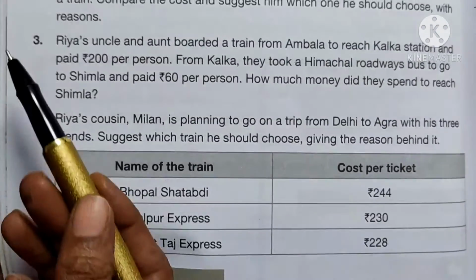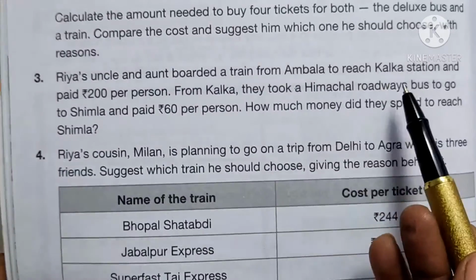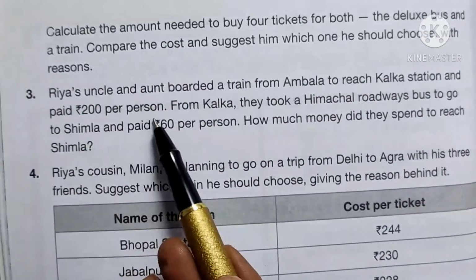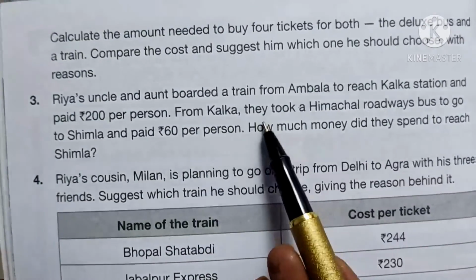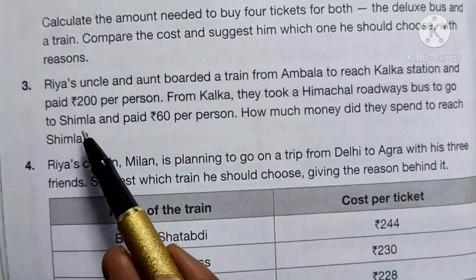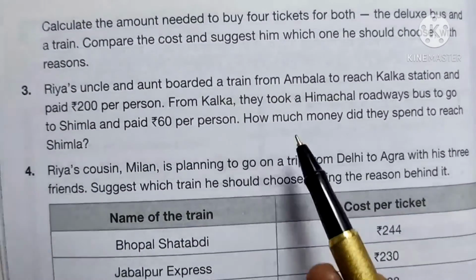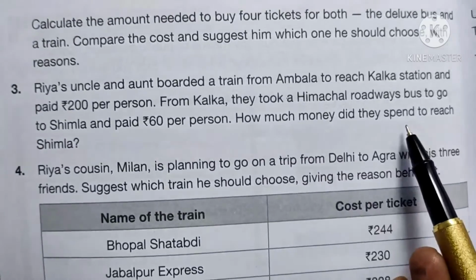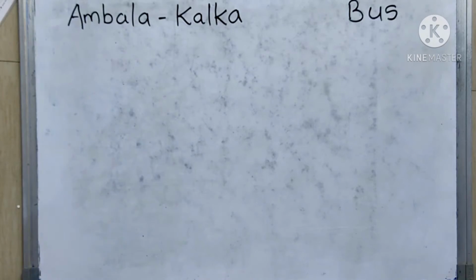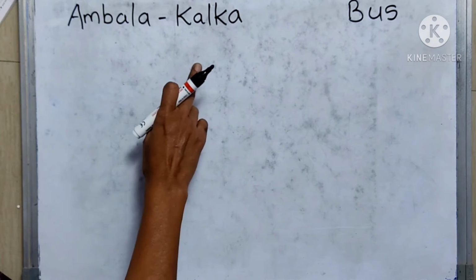See question number 3. Riya's uncle and aunt boarded a train to reach Kalka station and paid rupees 200 per person. From Kalka, they took a Himachal Roadways bus to go to Shimla and paid rupees 60 per person. How much money did they spend to reach Shimla? First, we will calculate the cost of Ambala to Kalka train ticket.